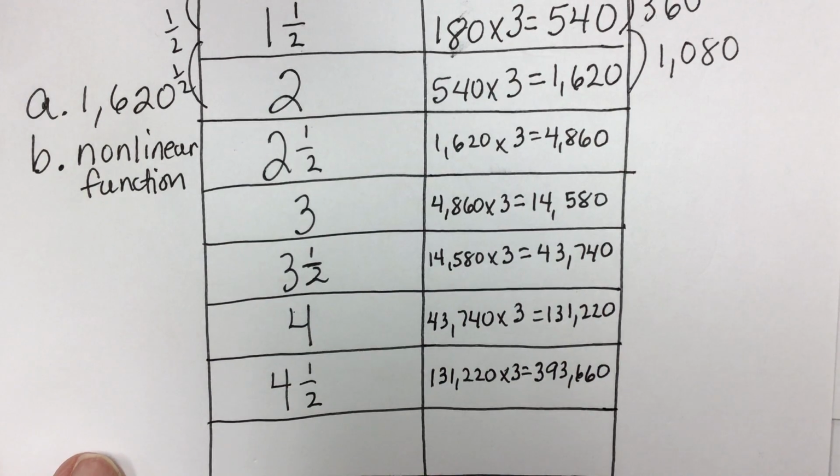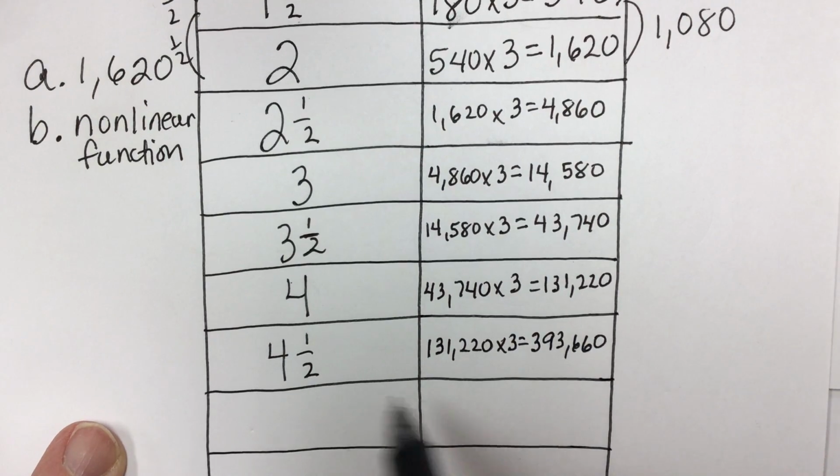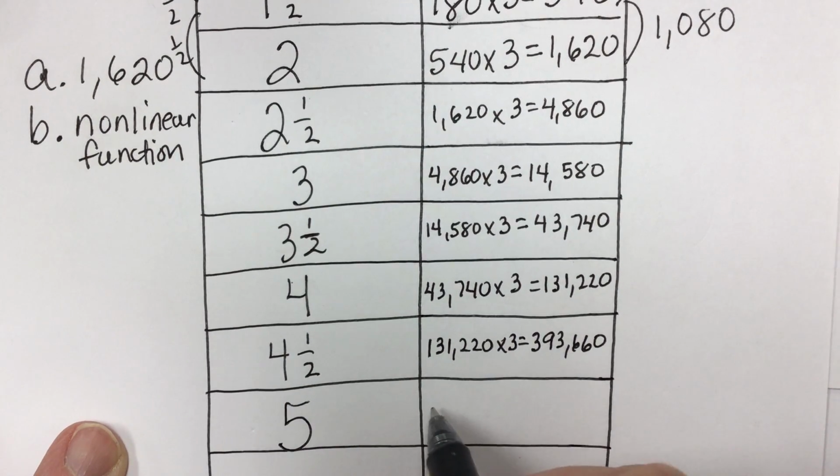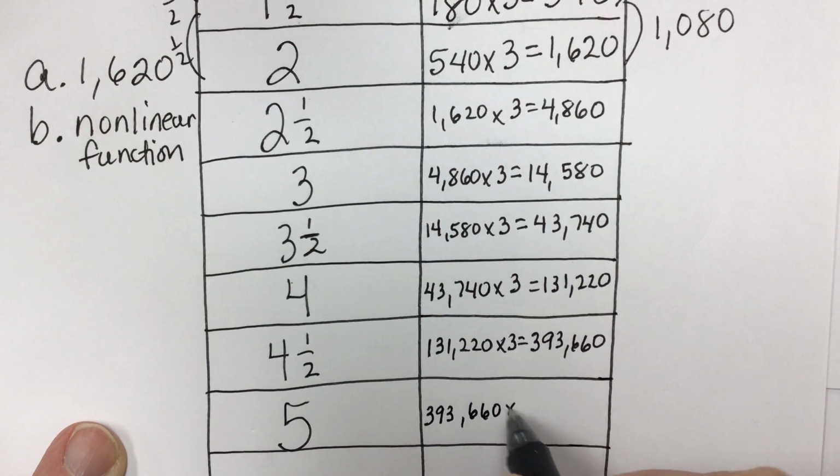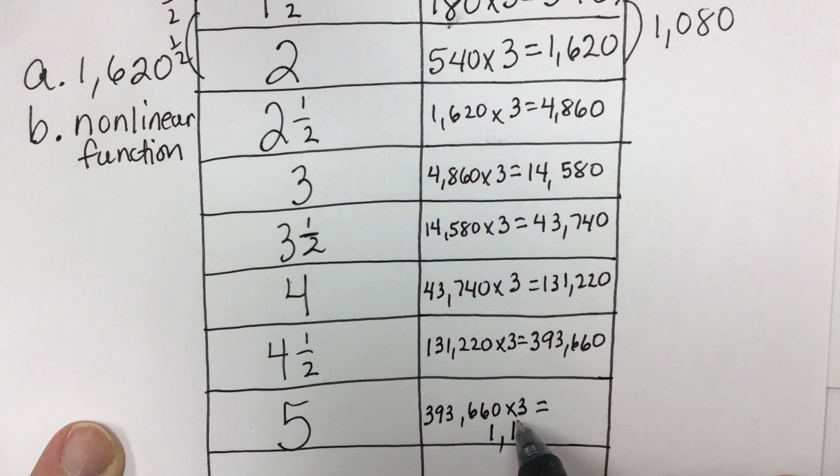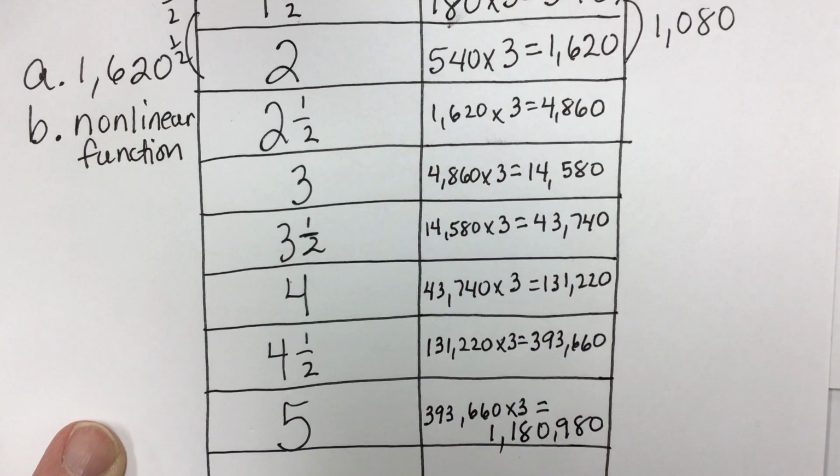And let's add another half. 4.5 plus a half would be 5. So 393,660 times 3 gives me 1,180,980.